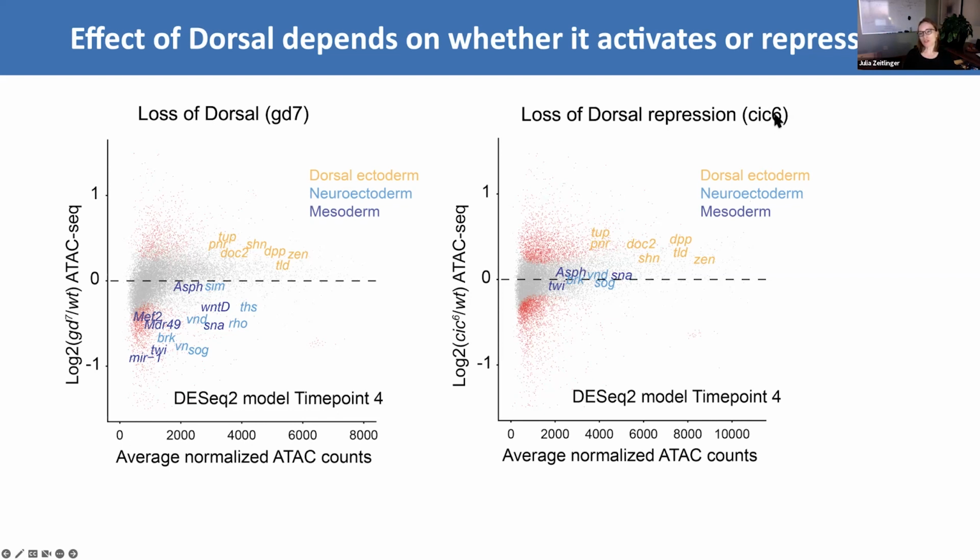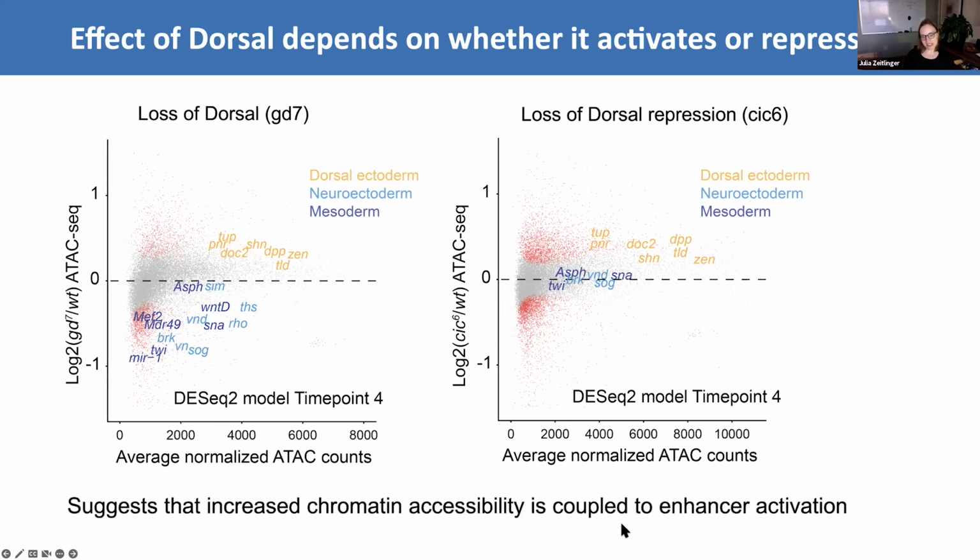We knew that if we look in this mutant, we're simply abolishing the ability of Dorsal to repress, so now we're predicting that only the Dorsal-repressed regions should be affected. There are the yellow ones, and indeed, they still go up. They are affected in the Capicua mutant. Whereas the ones that are activated by Dorsal should not be affected, and sure enough, they are the same. So this really does suggest that accessibility is coupled to enhancer activation.